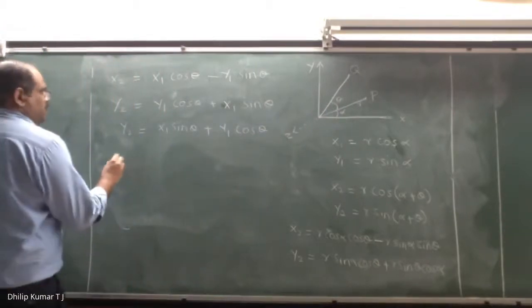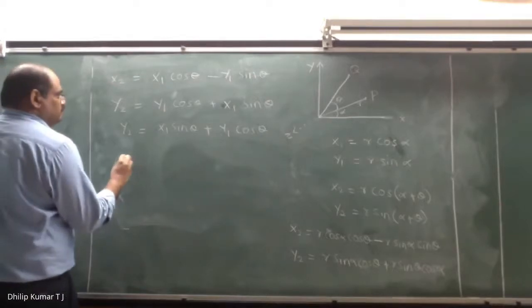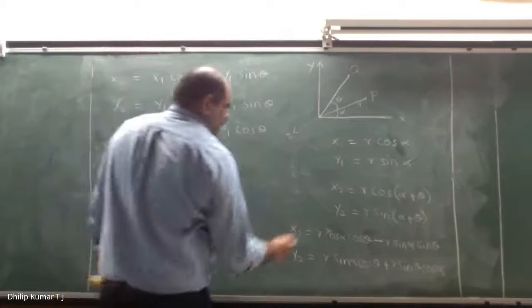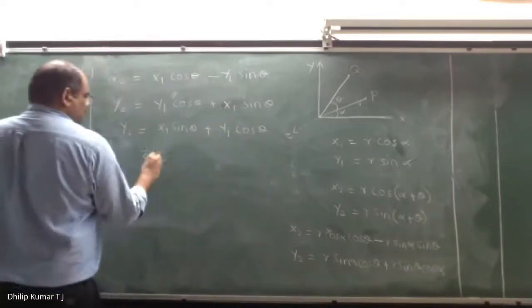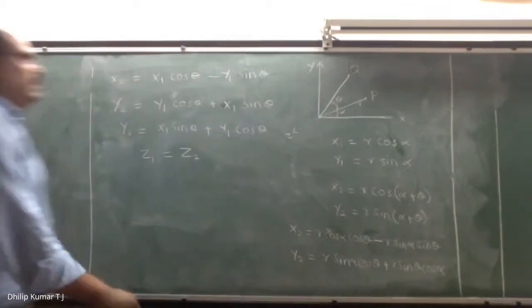So this can be written in matrix form, right? I didn't say anything about z. z1 will remain as z2 because the point is moving only in the xy coordinates.